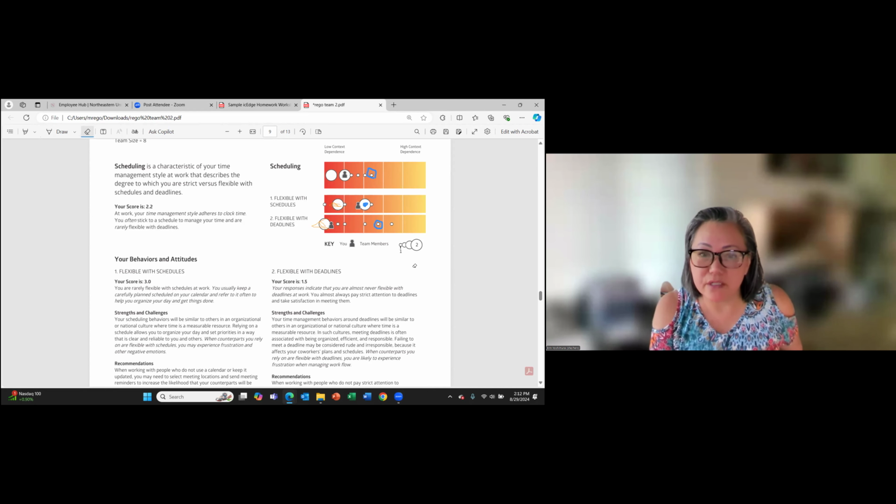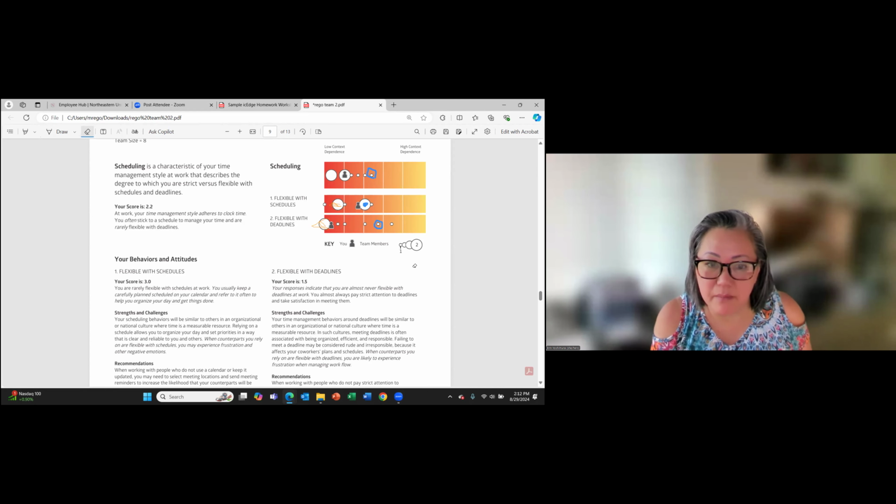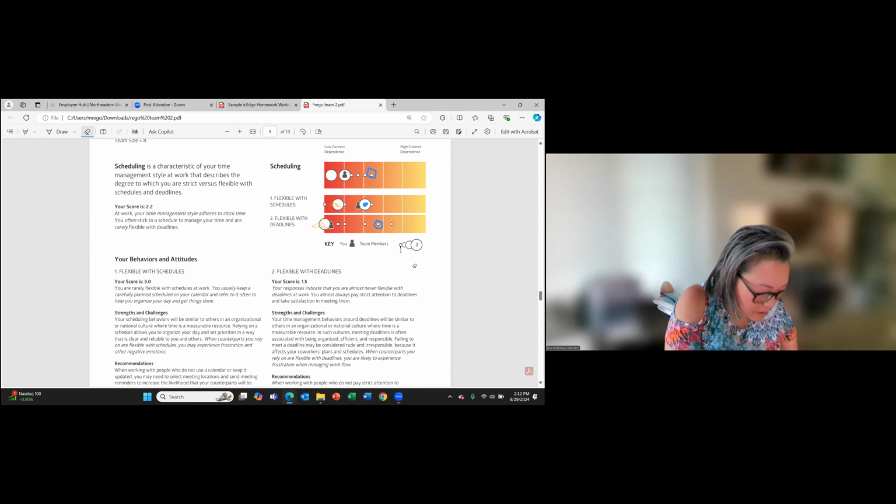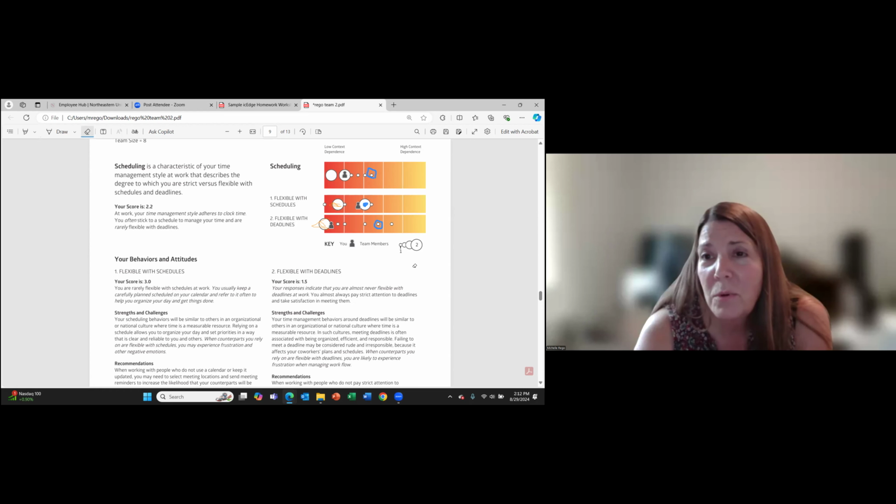Okay, so how would this show up if we're a team, if we look at flexible with deadlines? Because I'm on the edge, I'm that blue. And then Michelle and Sahar, you both are more low context dependent. So if we're all working on a shared deadline, then we need to make sure that we're explicit.